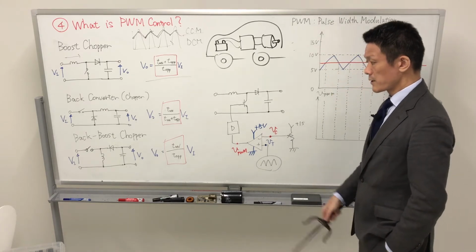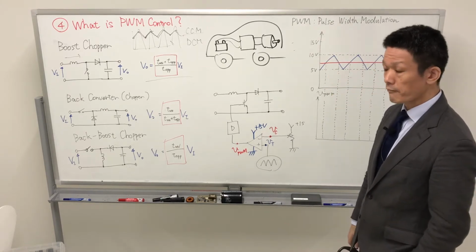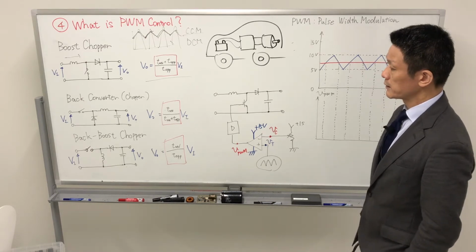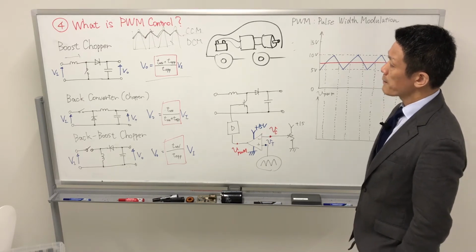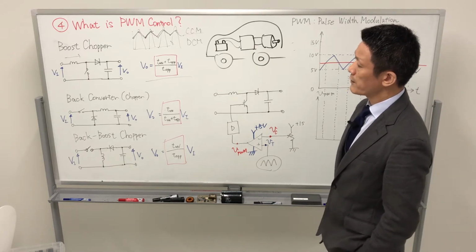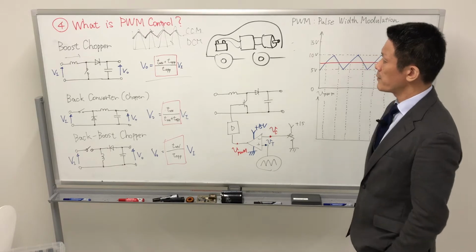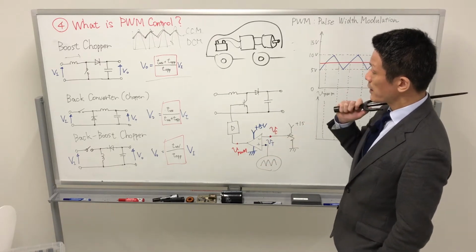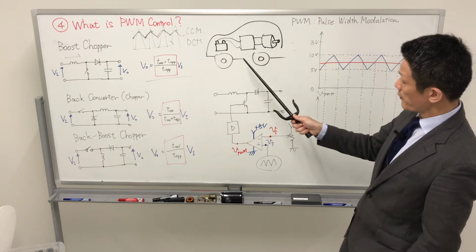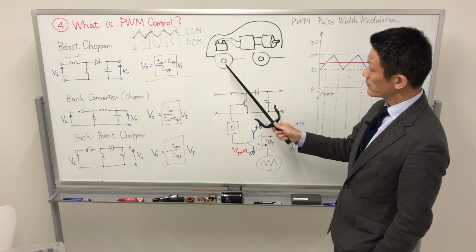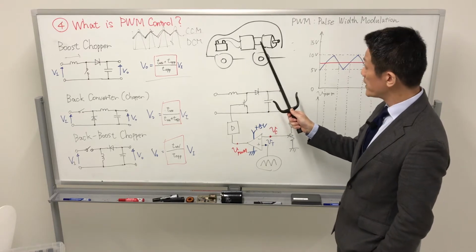So today is the open loop, feed forward control discussion. For example, you can easily imagine the EV, electric vehicle. An EV is composed of the battery, chopper and DC motor.